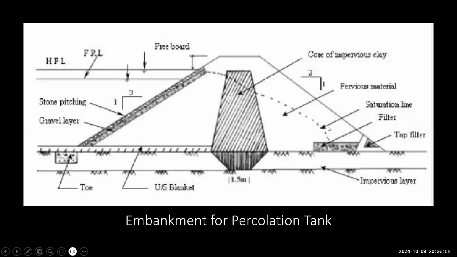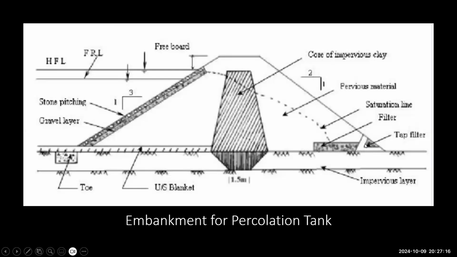So what is the role of the filter? The role of the filter is to drain off the seeping water through the earthen embankment. The water which is seeping through the earthen embankment is drained through this horizontal filter and this particular toe filter.